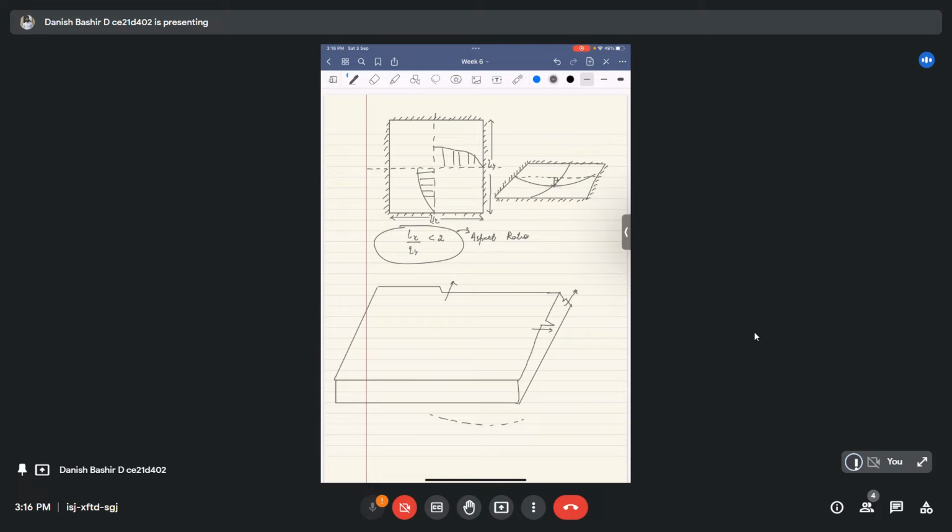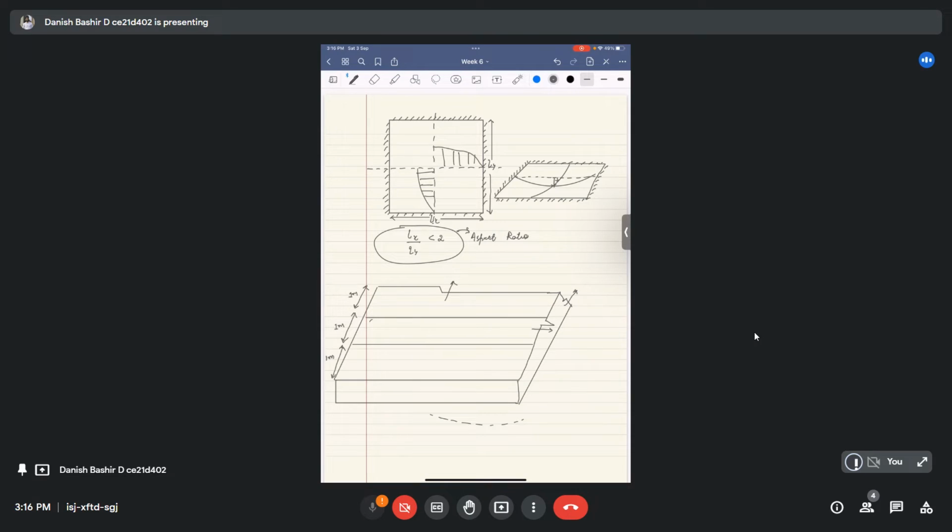Each of them is 1 meter wide. We can divide the whole slab system into a number of beams placed side by side, and they form a slab system if it is only one-way slab action, so that we can cut one beam from it like this.